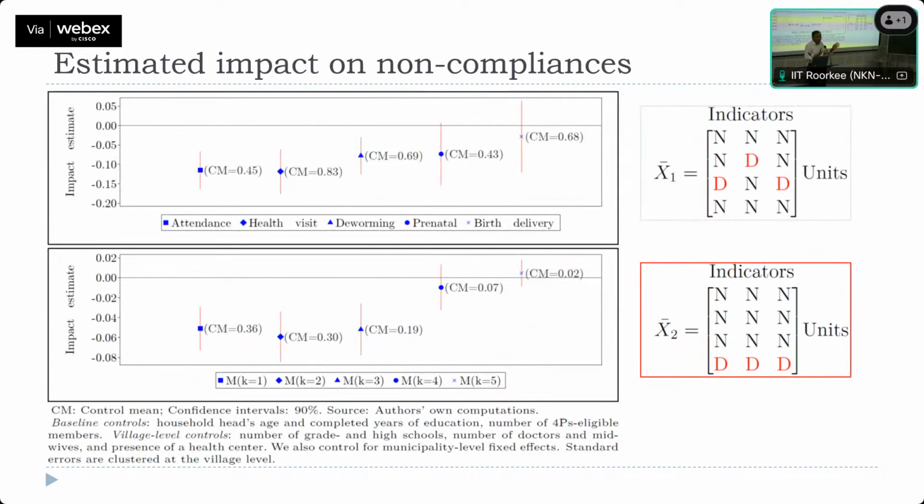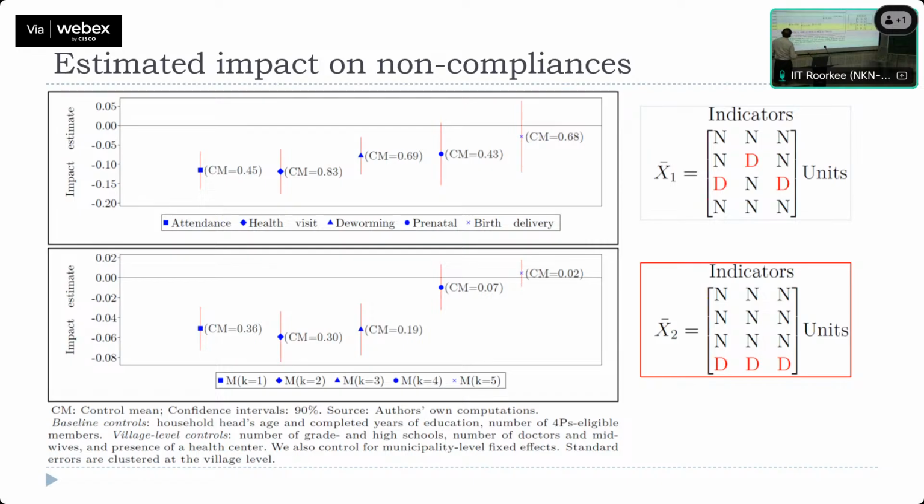So this is what we observe. Let me just give you the snapshot in one slide. If you want, then we can have conversations and discussions. First, when we look at these different indicators, attendance, health visit, deworming, prenatal, and birth, and you have these different signs, when you look at the impact estimates, they were from a randomized control trial, the data around 1200 observations, 600 here, 600 there, and so on.